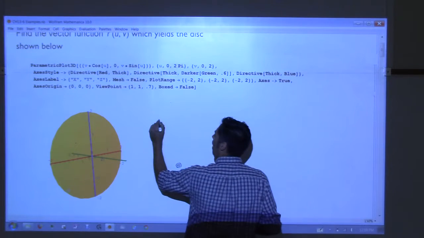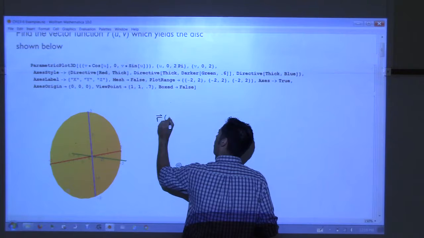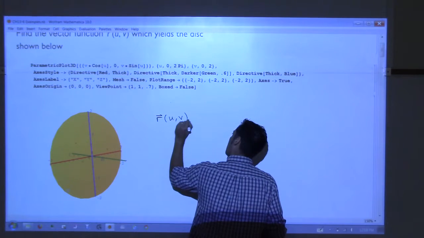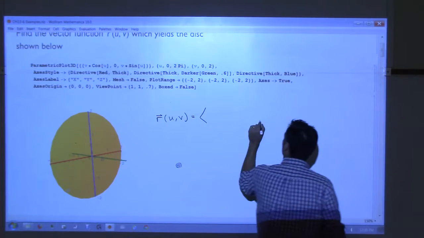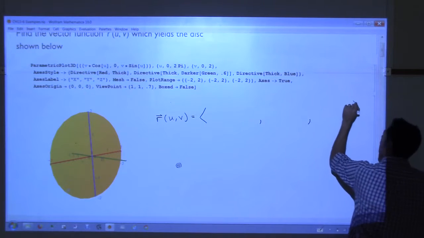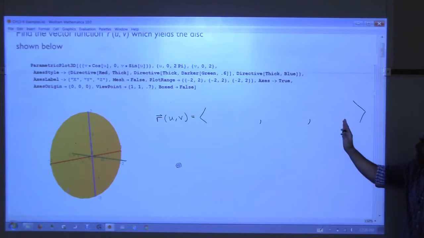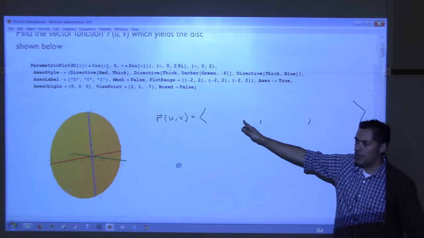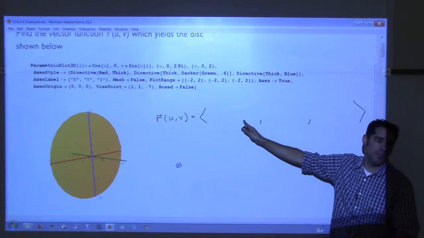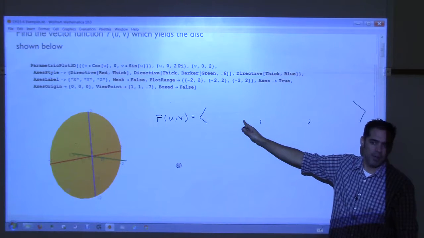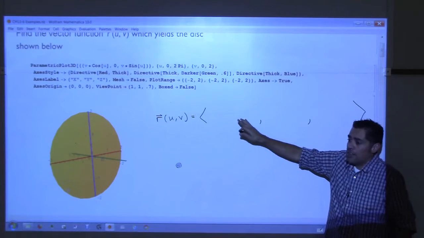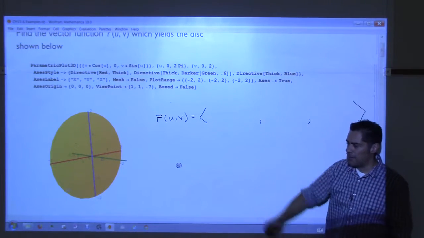In other words, how do we do this where we have r of u, v, and it's three components, and each of the components are functions of u and v? Each of these could have a u in it, a v in it, or no u's or no v's. It's really up to us. But they can have, at the most, u's and v's mixed together.